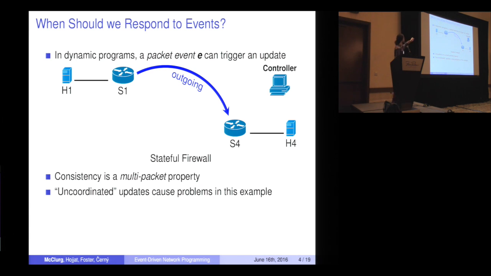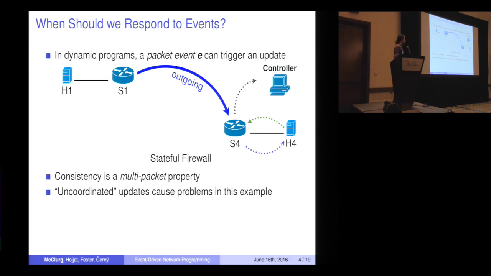Let's say that H1 sends a packet, and the packet arrives at switch S4, and at that point we should change the network configuration. S4 notifies the SDN controller about the event and goes ahead and forwards the packet to the destination.